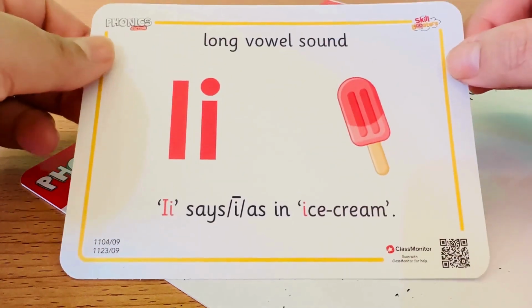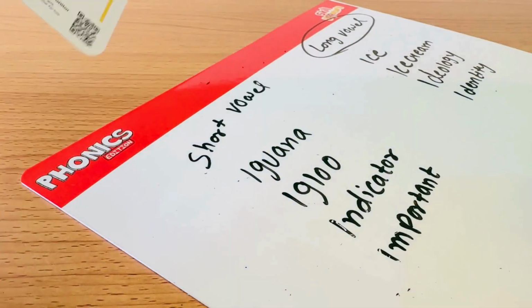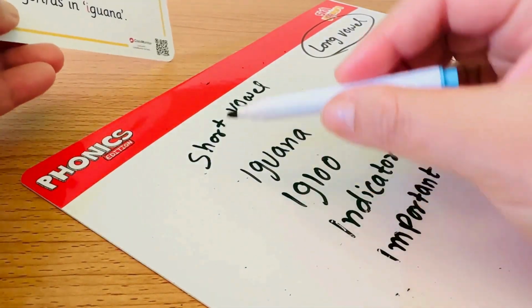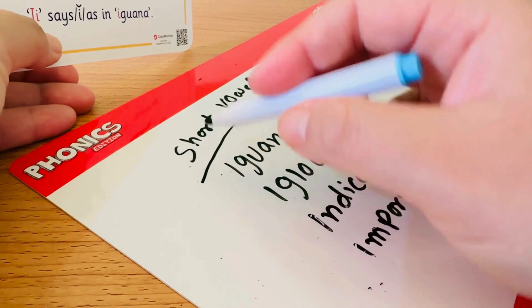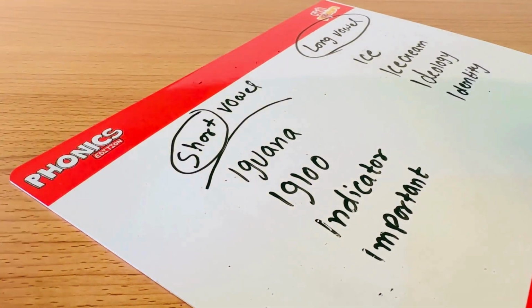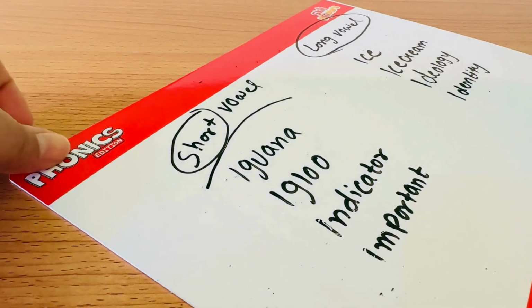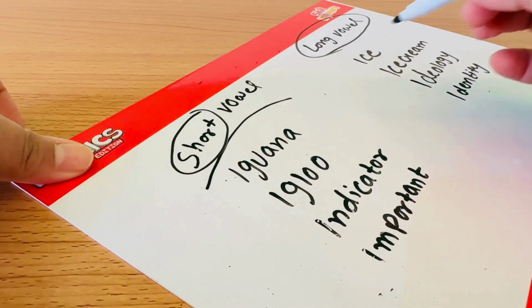Now let's look at some of the examples of short vowel and long vowel sound. As I mentioned, short vowel sounds are going to be short. The answer to understanding the concept of vowel is in the concept itself.